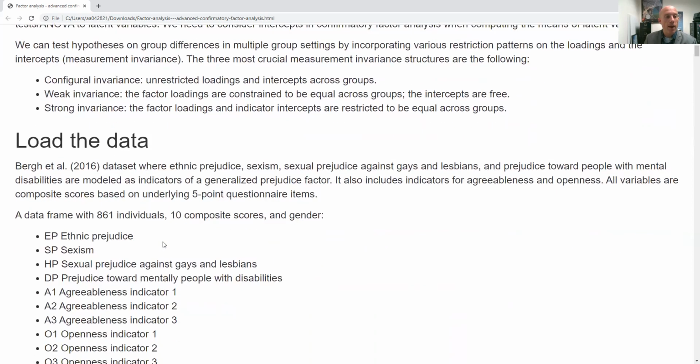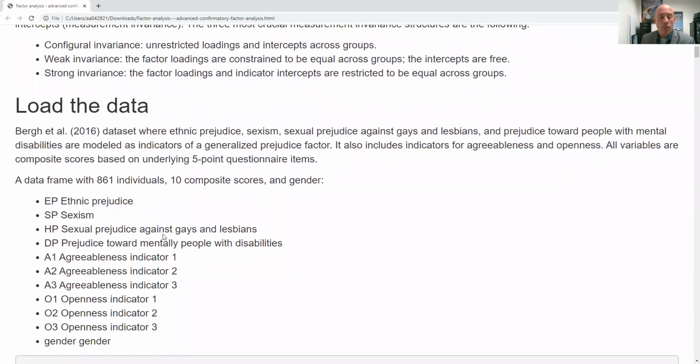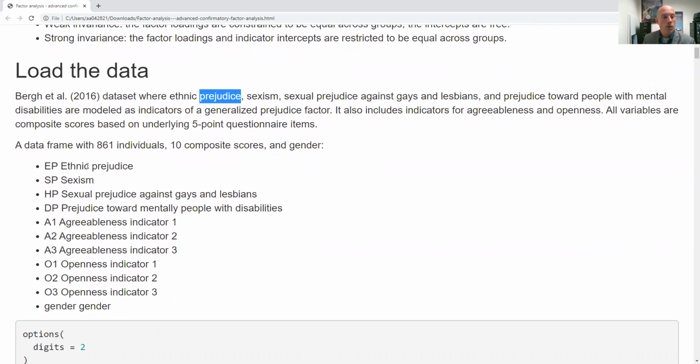All right, so let's go ahead and take a data set from the Modern Psychometrics with R package. We're going to take the prejudice data set. Here we have a data frame with 861 individuals and 10 scores.